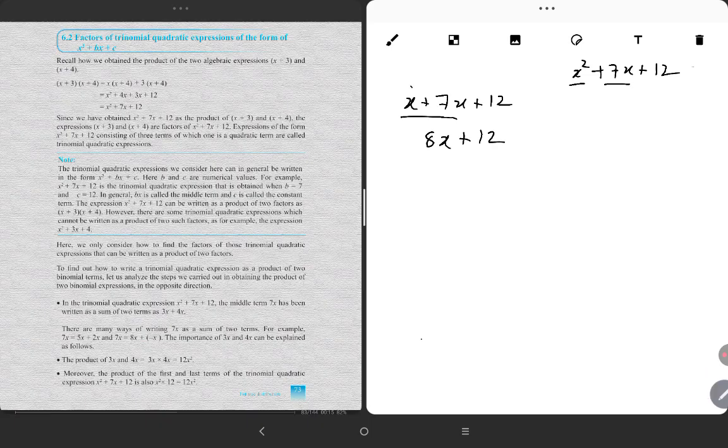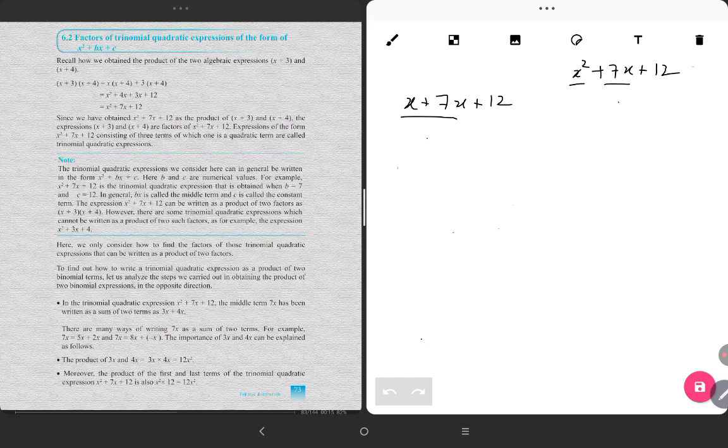Even though here it's three terms, we call this a trinomial expression because it has three different types of terms. This other one also has three terms, but we can simplify it down to two terms, right? So that's the important thing to know.